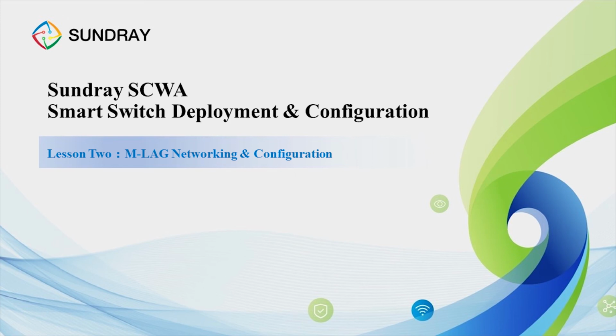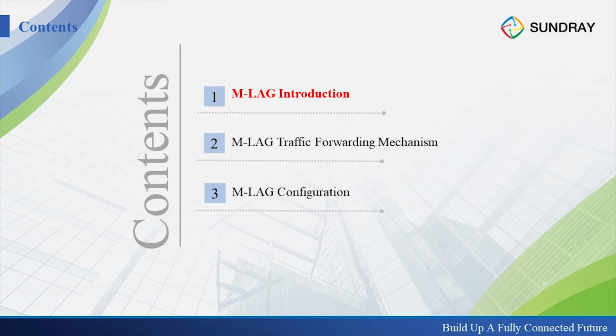For the third part, it's the MLAG networking configuration. So first we need to know what is the MLAG. The MLAG, its full name is the multi-chassis link aggregation group.